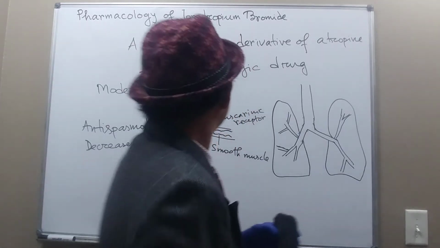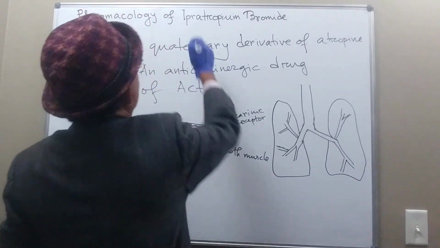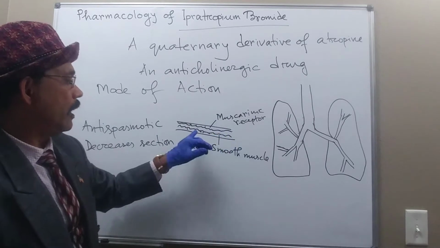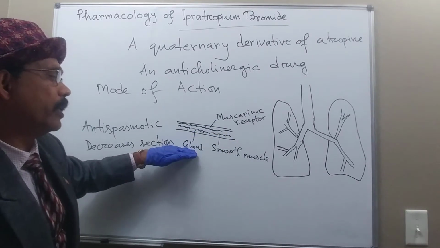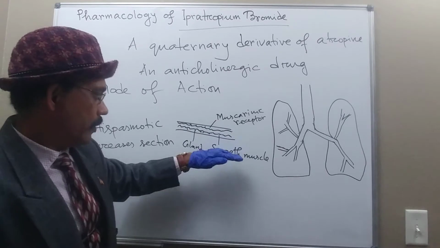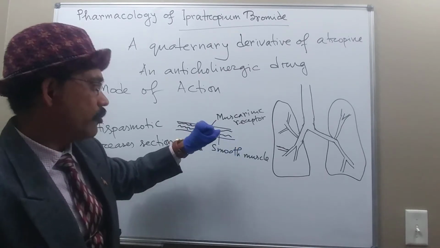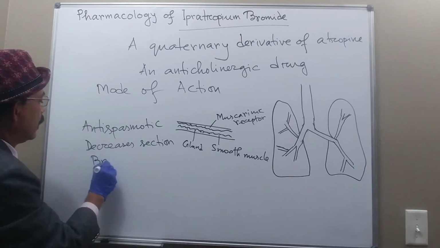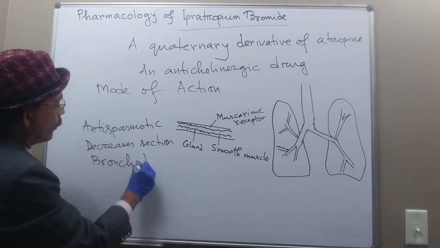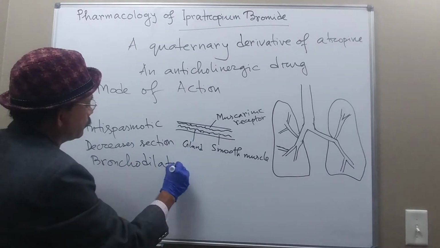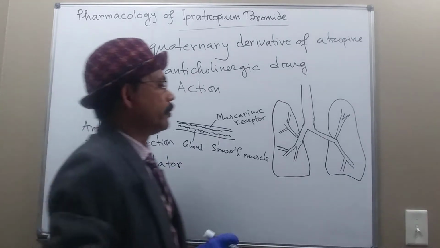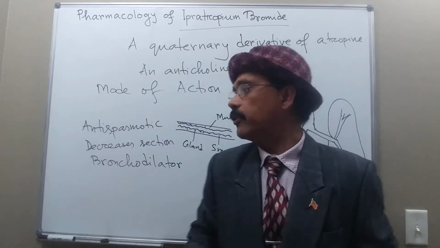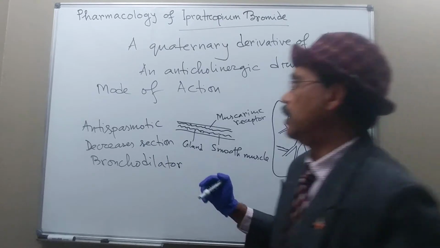So Ipratropium bromide works on the smooth muscle and the glands. It decreases the secretion of the glands, and it decreases the spasm of the smooth muscle. So it is a bronchodilator. This is the mode of action: it is antispasmodic, anti-secretory, and a bronchodilator.